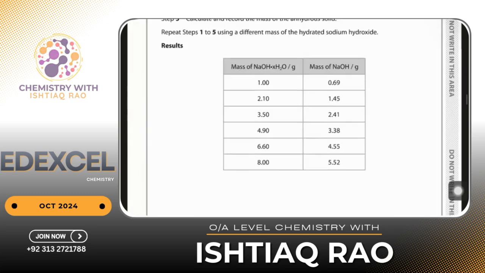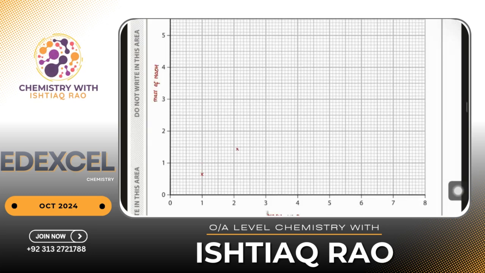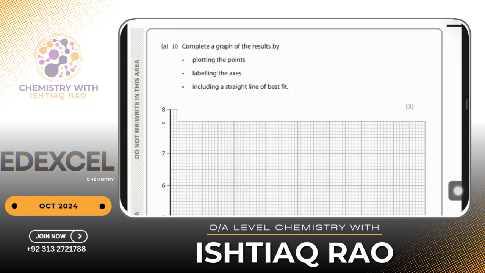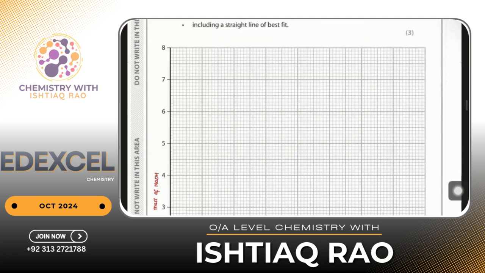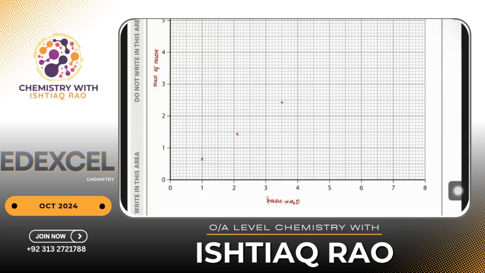3.5, 2.41. At 4.9, it's 3.38. It's going to be like that.